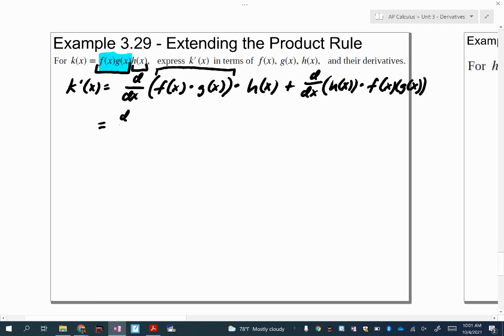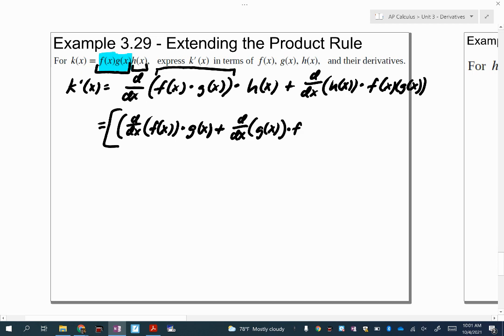So that's going to be d dx, put this in parentheses here, or a bracket, d dx of f of x times the original g of x plus d dx of g of x times the original f of x.